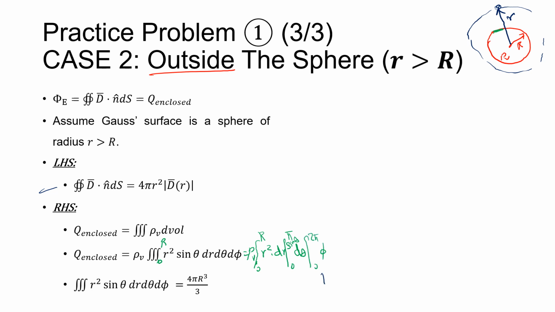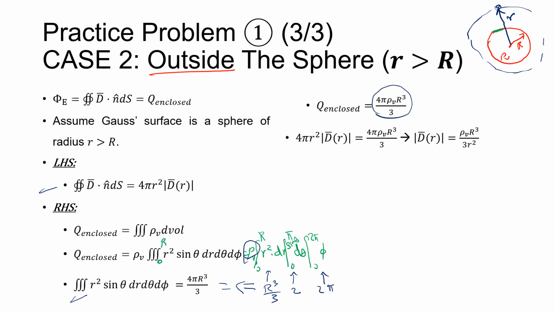Each of these gives you 2 pi for phi, 2 for theta, and R cubed over 3 for r, and in total you will get this result here. Now we will just do mathematical manipulation. Of course, in this integration, don't forget rho v. So you got the overall charge, and the two sides equate each other.